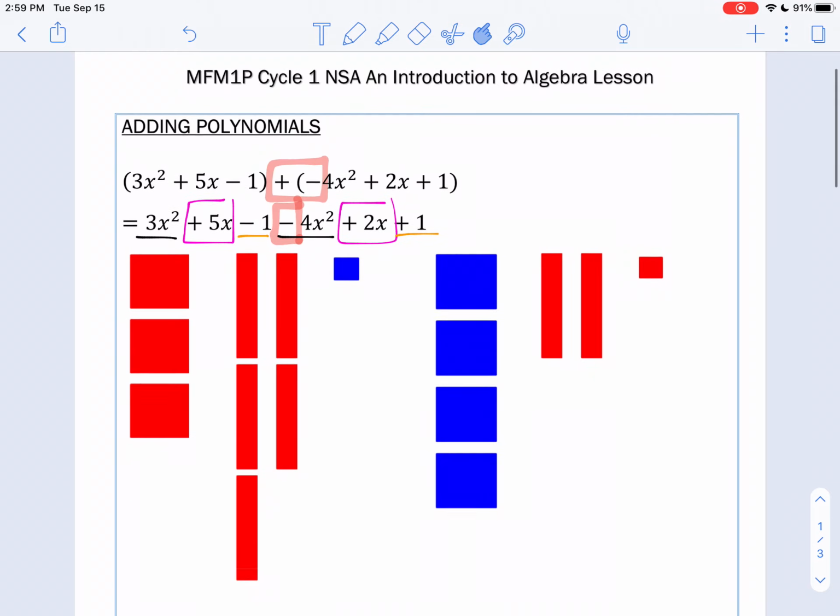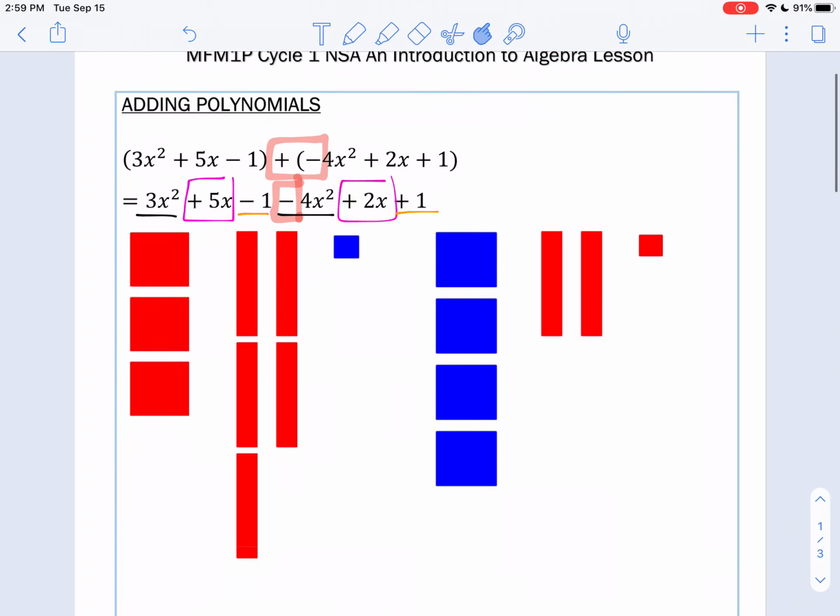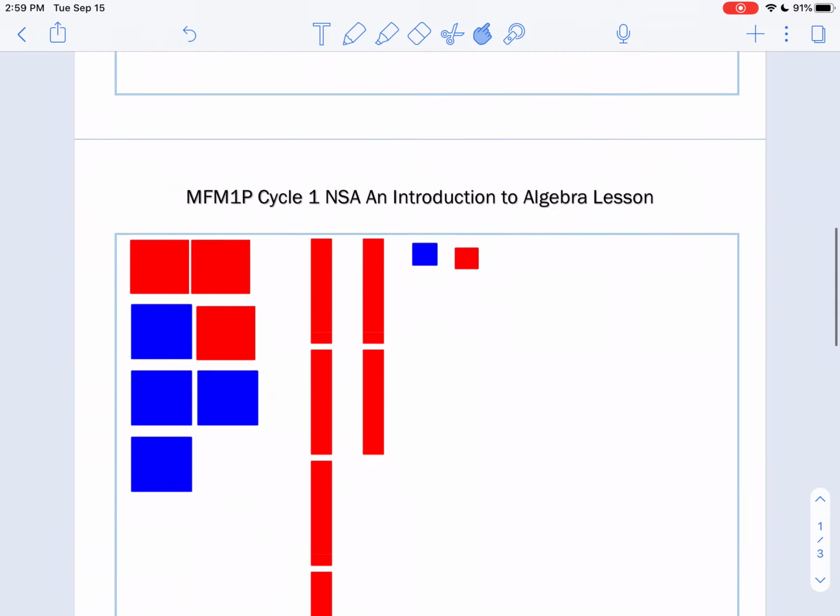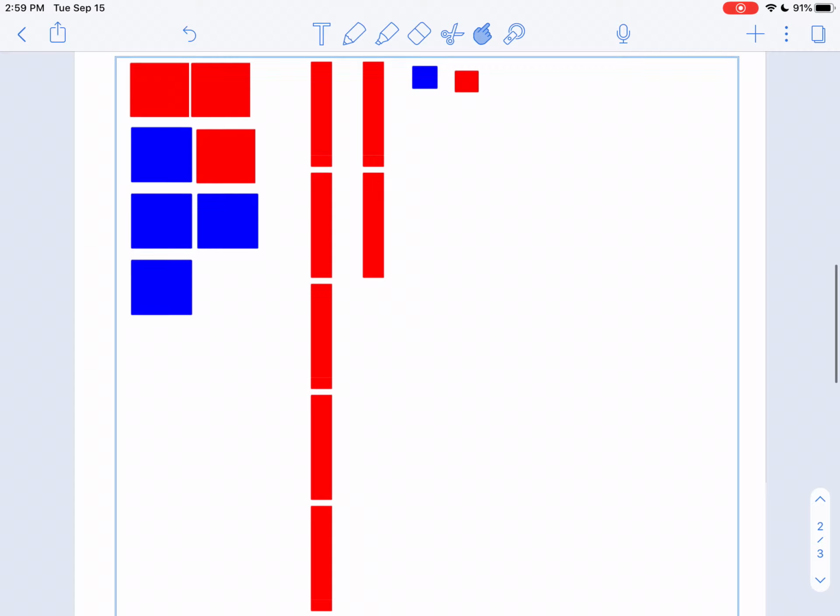So you'll notice that I drew out 3x squared plus 5x minus 1 minus 4x squared plus 2x plus 1 in algebra tiles. And the next thing I'm going to do is move the tiles that are like terms or the same shape together. So that would look like this. Now I can look for those 0 pairs. So I'm going to be able to cross out 3 reds with 3 blues because that makes 0.